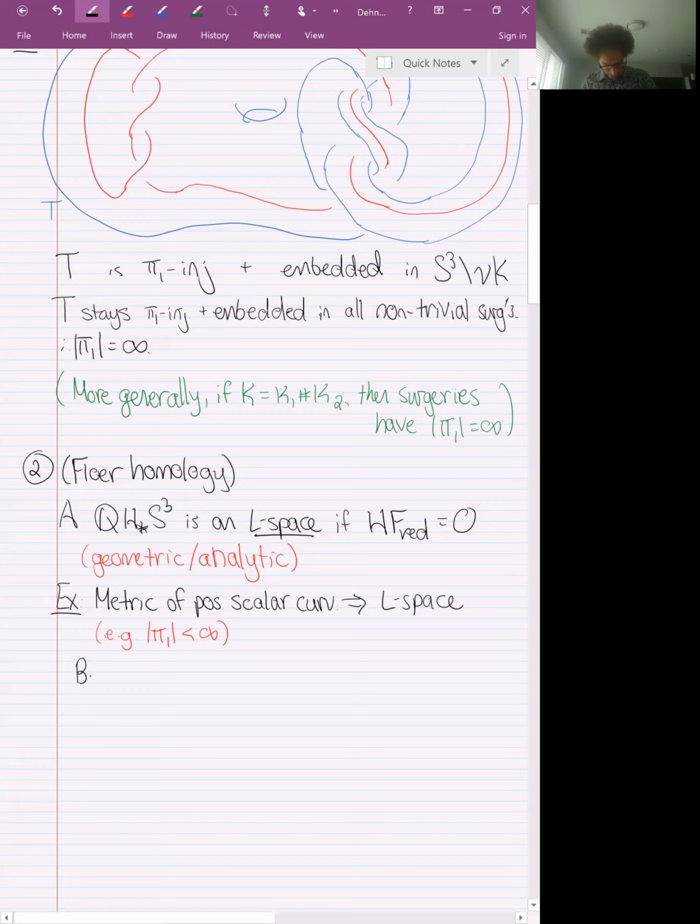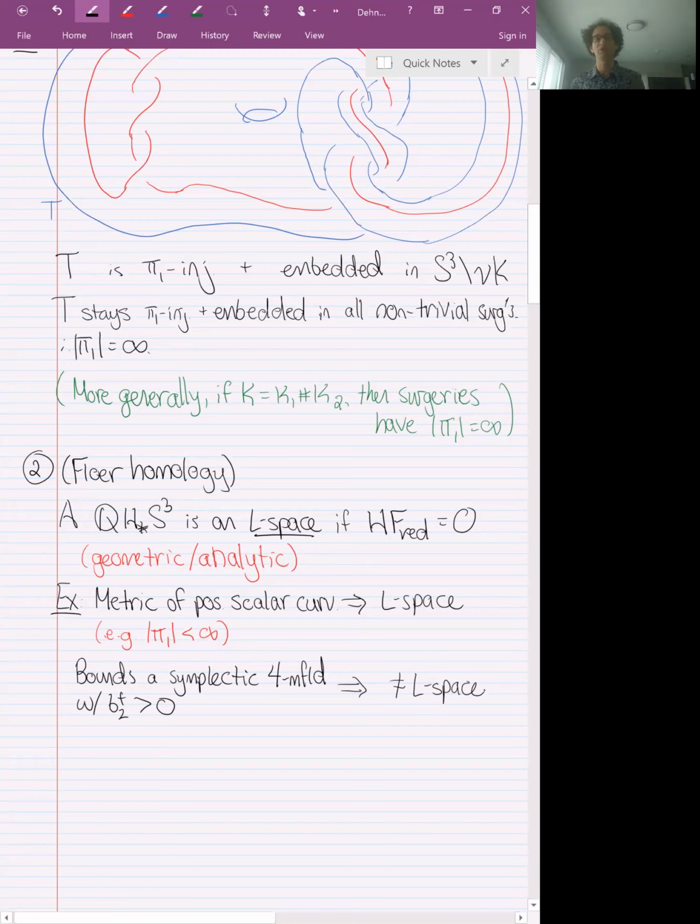One other example to keep in mind is that if our 3-manifold bounds a symplectic 4-manifold with b2 plus greater than 0, which just means a symplectic 4-manifold with a surface inside of it with positive self-intersection, then actually we get the opposite. We can produce some interesting solution to these equations.